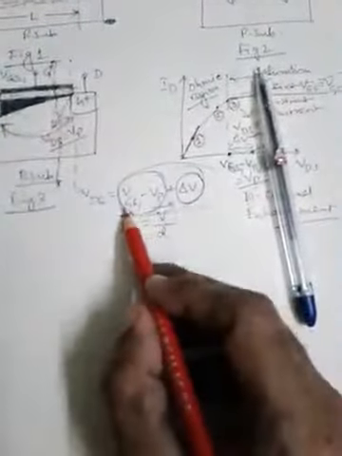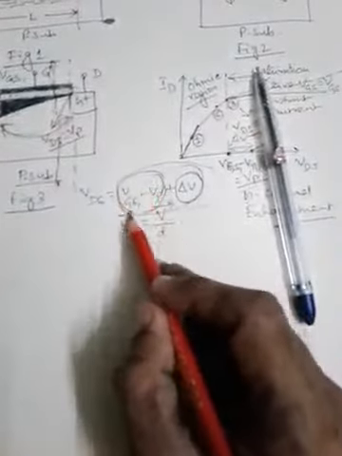So what does it mean? Previously the applied voltage VGS1 minus VP was proportional to this whole channel length, but now VGS1 minus VP is proportional to this reduced channel length. Suppose it is denoted by L prime.